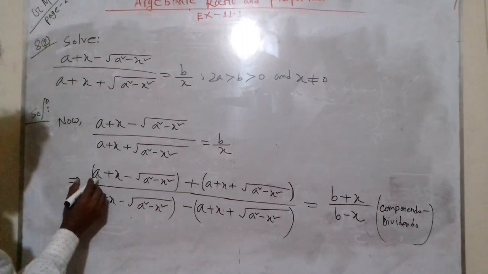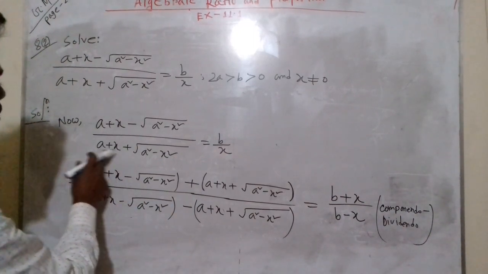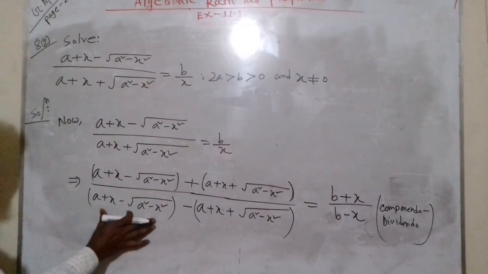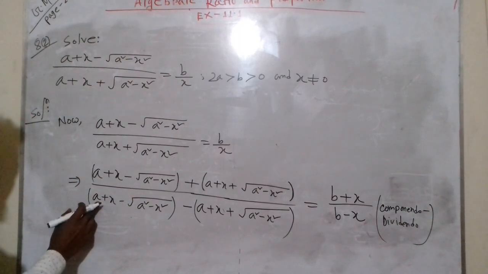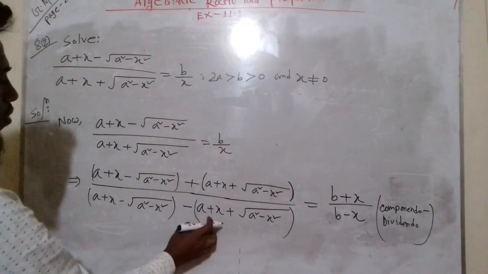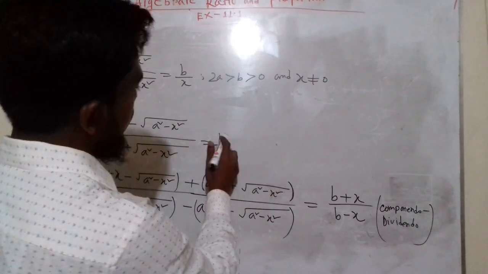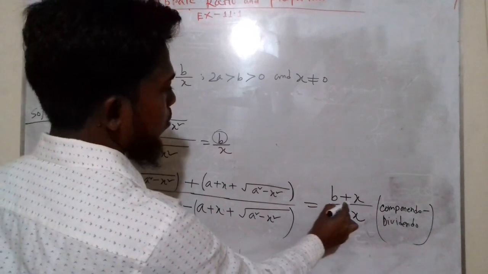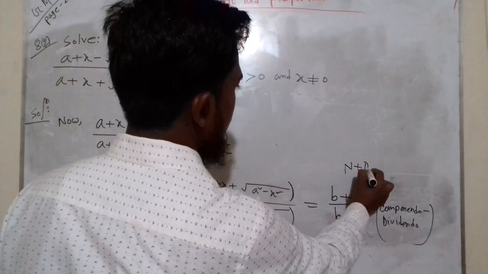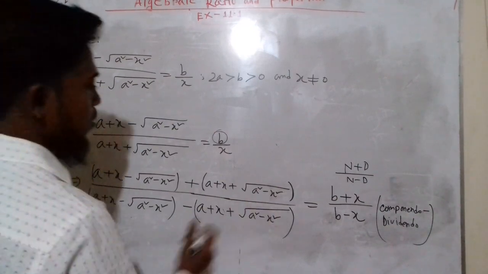So numerator a plus x minus root over a square minus x square plus denominator a plus x plus root over a square minus x square, divided by numerator a plus x minus root over a square minus x square minus denominator a plus x plus root over a square minus x square, this equal to numerator plus denominator divided by numerator minus denominator on the other side, that is componendo and dividendo.